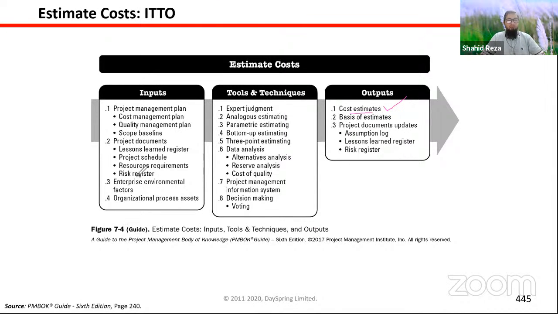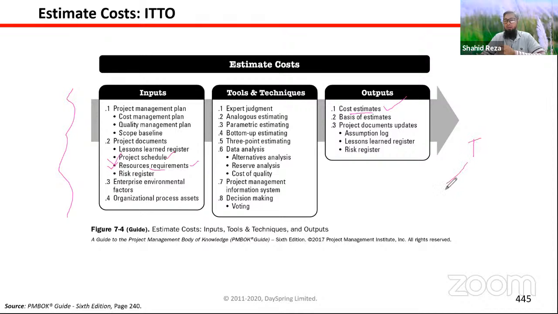So what do we need for input? One is the project schedule, because we need to know the duration of every task, and also resource requirements. What type of resource, and how many resources do you need? These two are the main inputs, right?